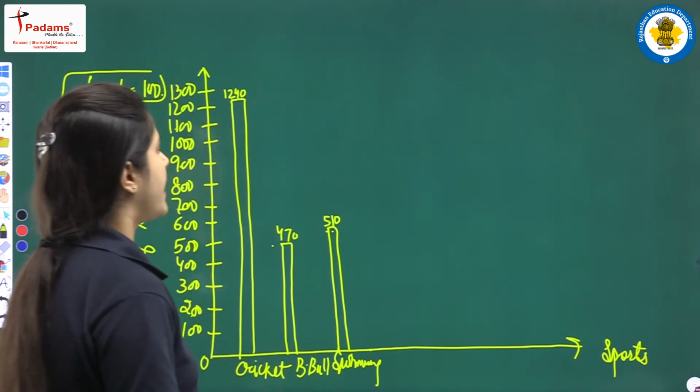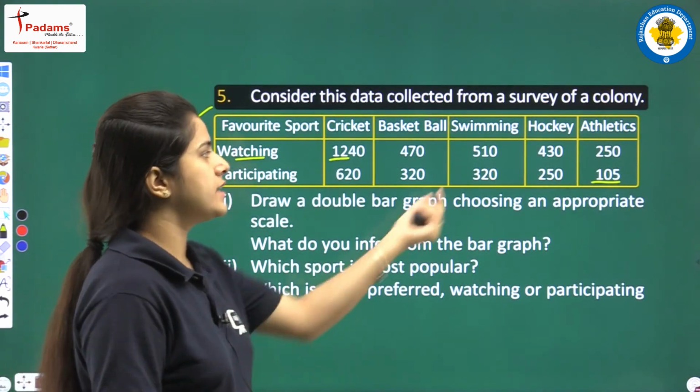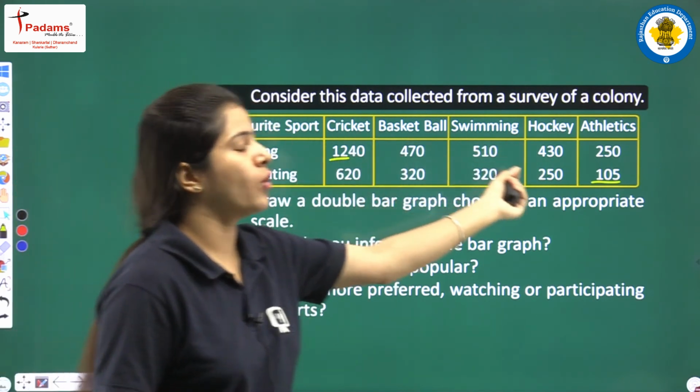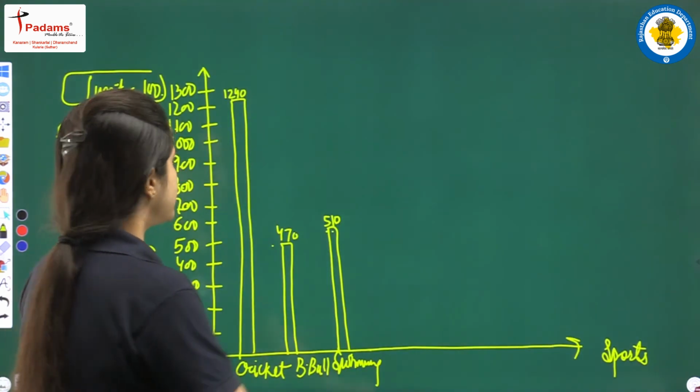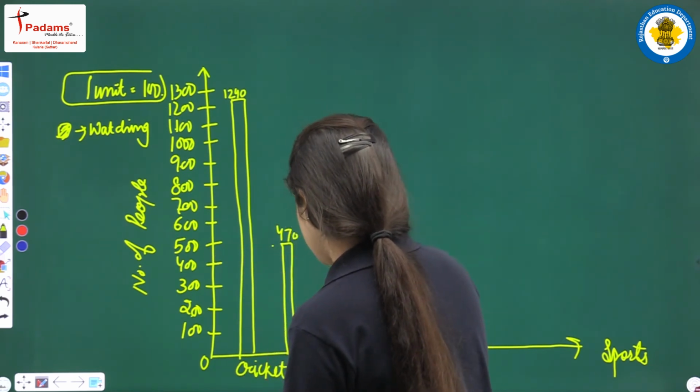Now students, hockey is watched by 430. So students, 430 is here, like here.